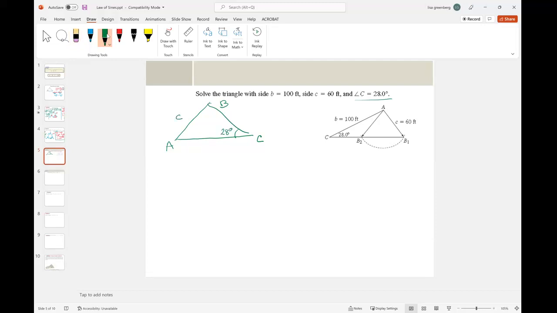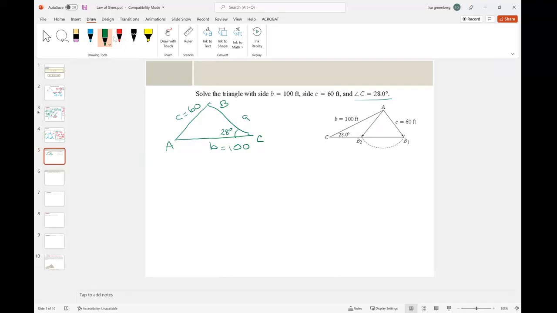And then this is going to be C, B, and A. And I know side C equals 60. And I know side B, oh, they're giving me two sides. So I know side B equals 100. I don't know the other two angles, and I don't know A.